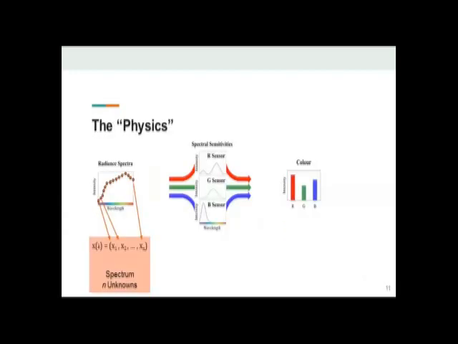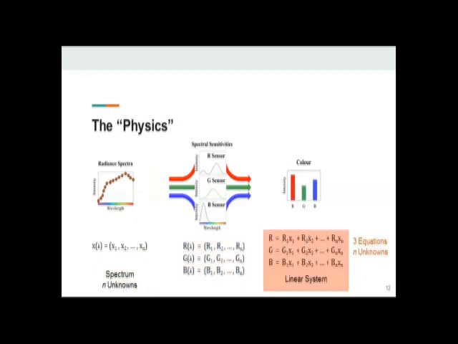We can represent the radiance spectra as n unknown points, because we're studying spectral reconstruction, so those discrete spectral values are unknown. And these spectral sensitivities can act as the model coefficients, which gives us a physical system, which is a three-equation linear constraint. We want to make use of these constraints in the spectral reconstruction process.